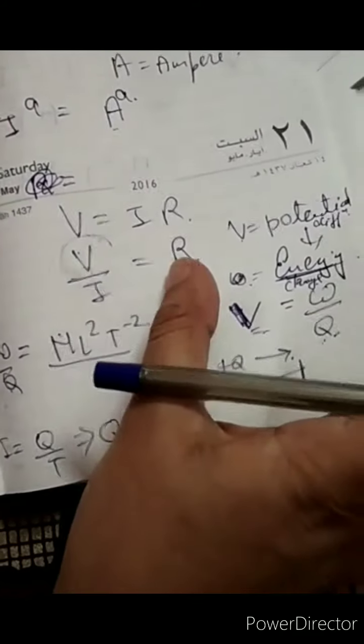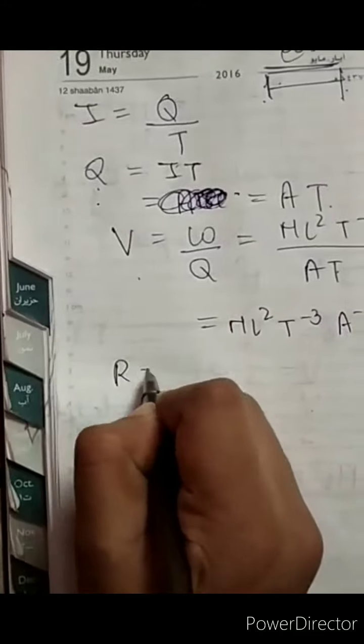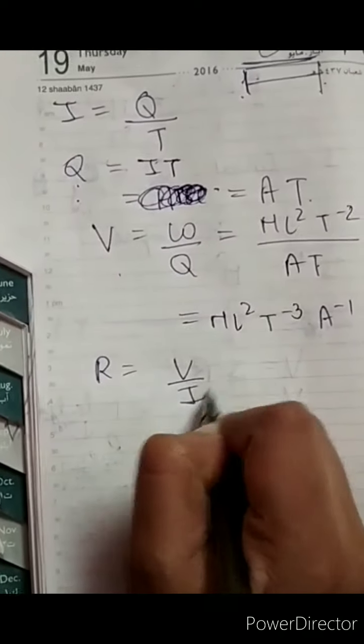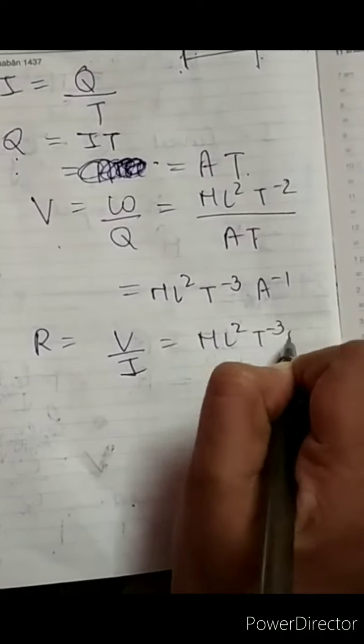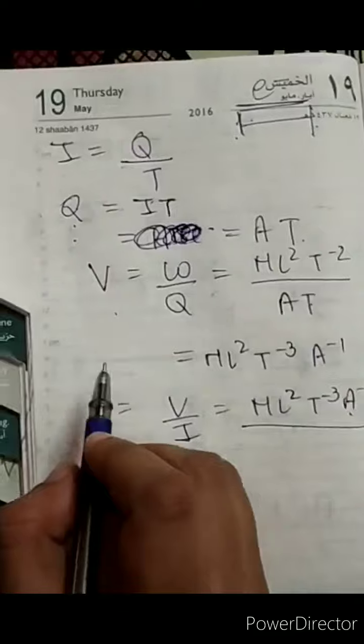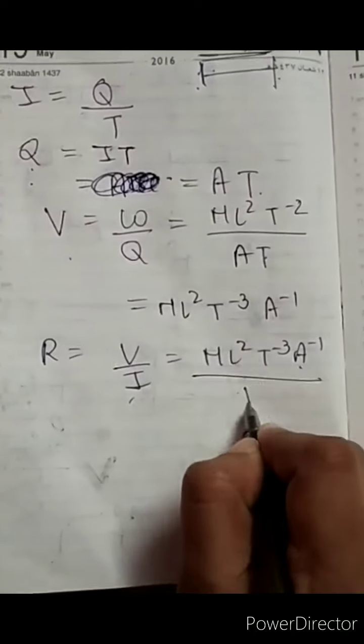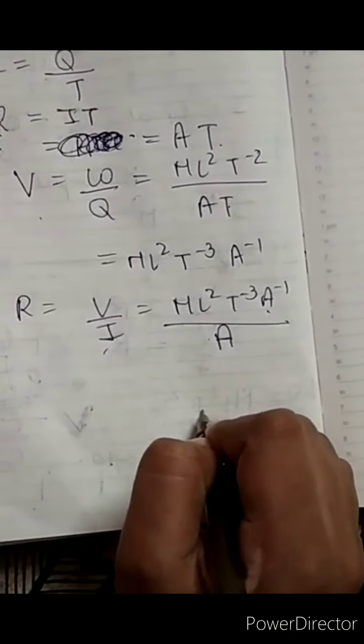Why are we doing this? Because we have to find the resistance, and the resistance is V upon I, and V is ML²T⁻³A⁻¹ divided by I, the current, which is again ampere A, right?